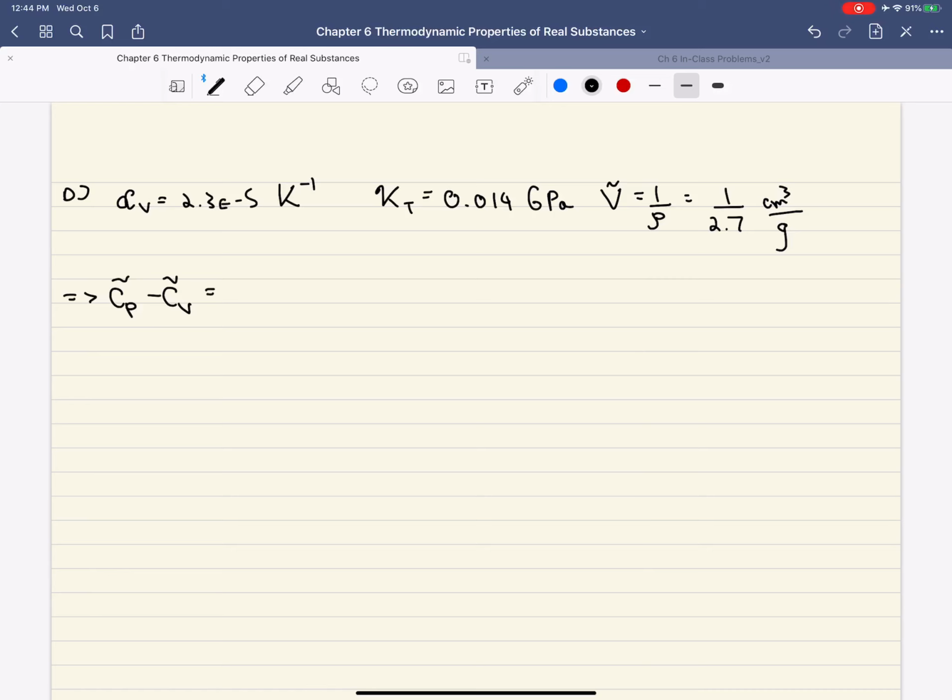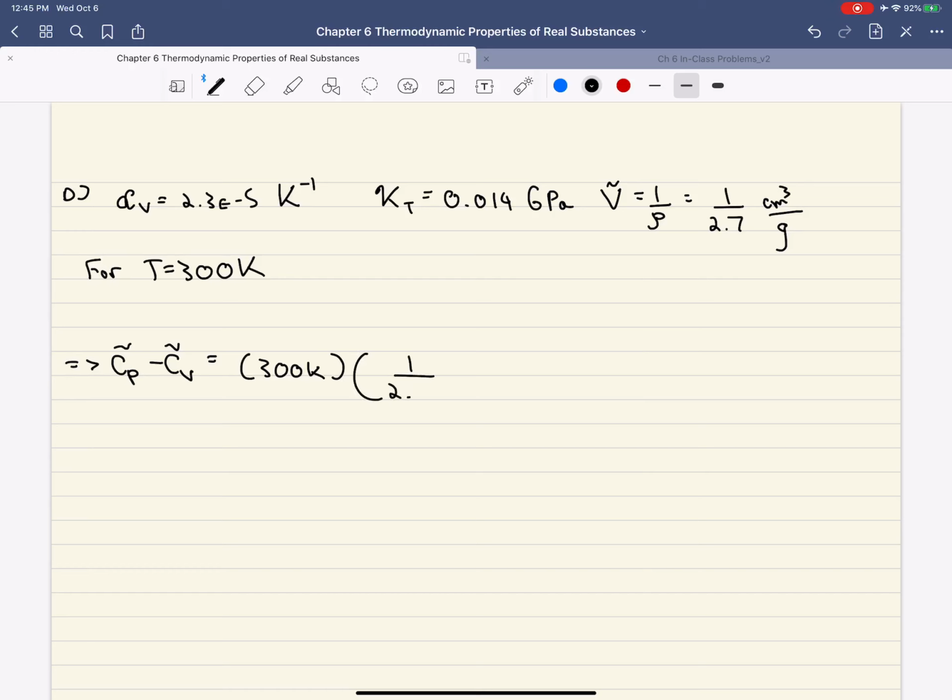Okay? All right, and let's assume we're dealing with a temperature of 300 Kelvin. So for Cp minus Cv, we have T, which is 300 Kelvin. We have our molar volume, for which I'll do some unit conversion to make this a little bit easier, 1,000 gram per kilogram.